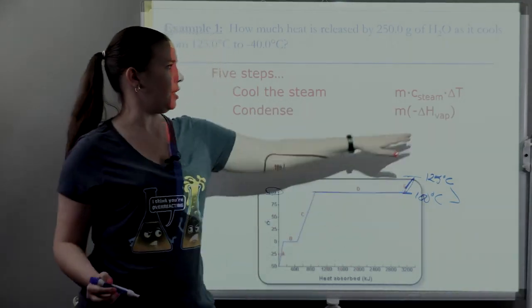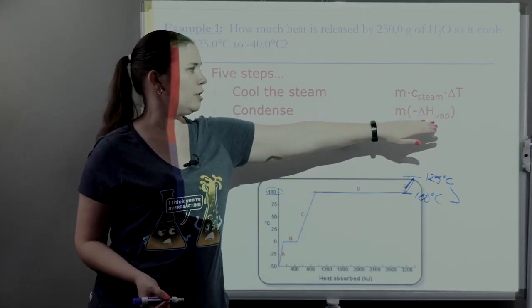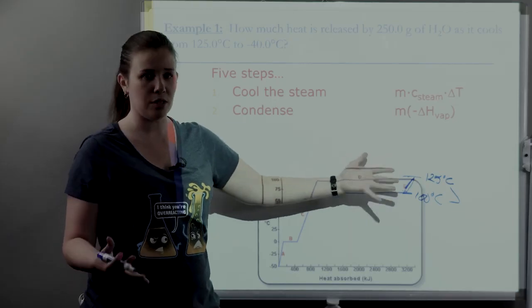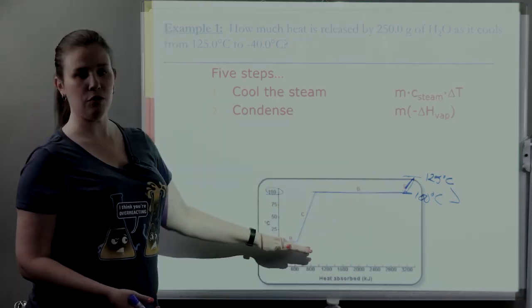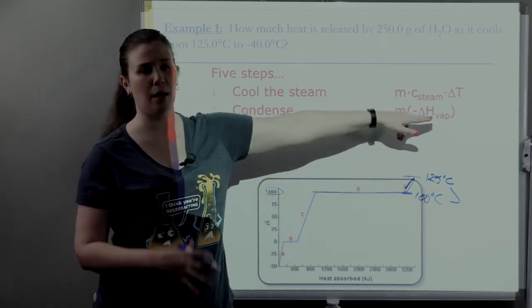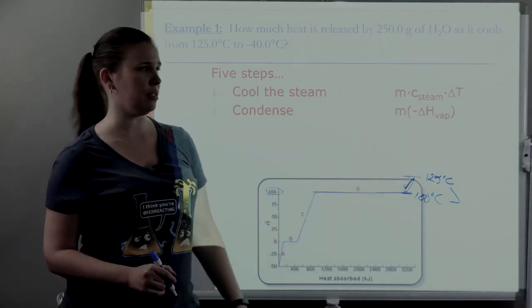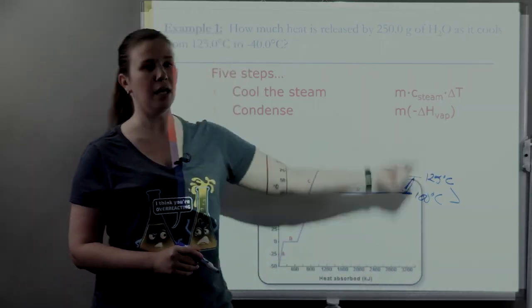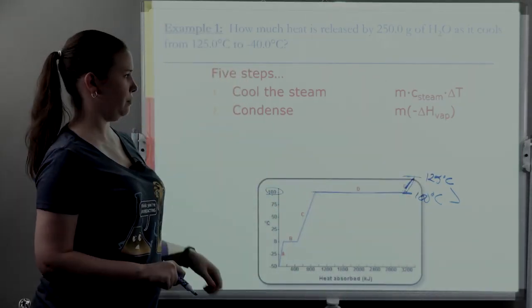So this is where you're looking at the delta H of vaporization times the mass. Make sure you're using the vaporization for the vaporization section of the graph and the heat of fusion for the freezing and melting part of the graph. So up here, we're going to use that big number, the 2,260. It is going from gas to liquid, so it's going to be a negative 2,260.